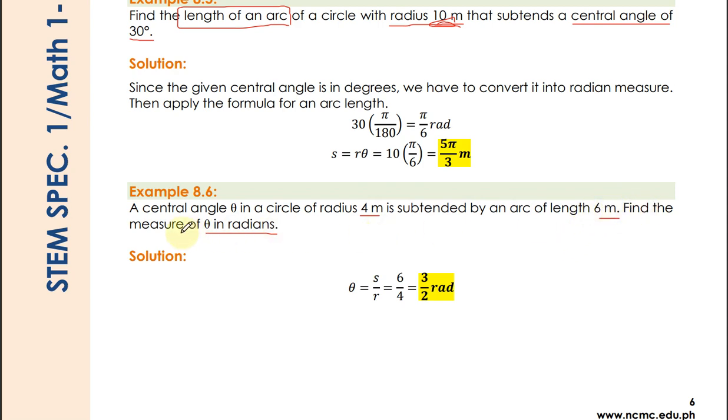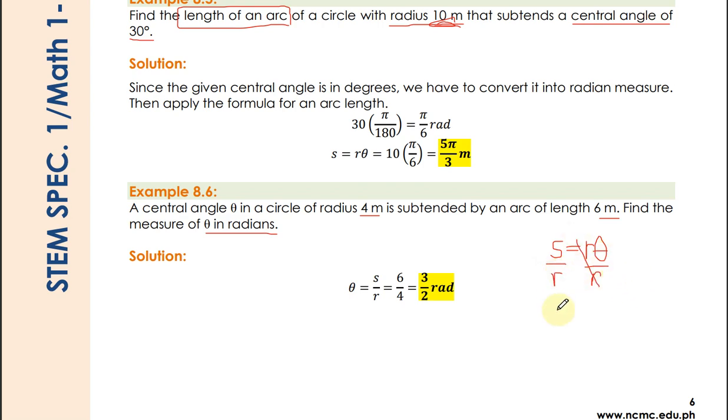You are going to find the angle in radians. You use the arc length formula, S is equal to r times theta, the angle. Since we are looking for the angle, you divide both sides of the equation by r.